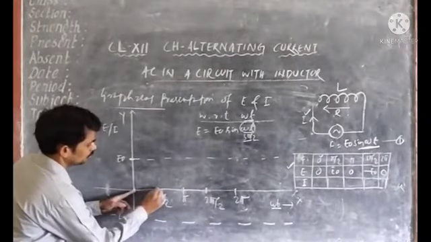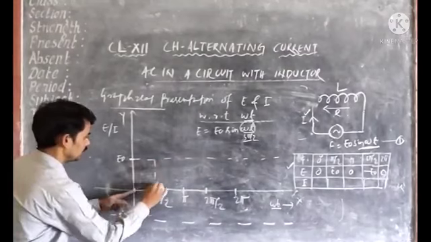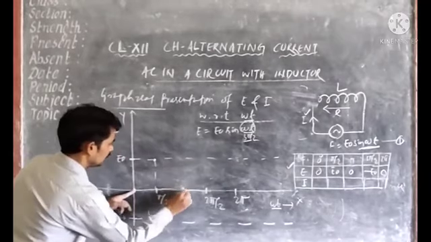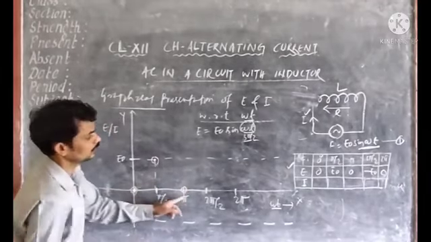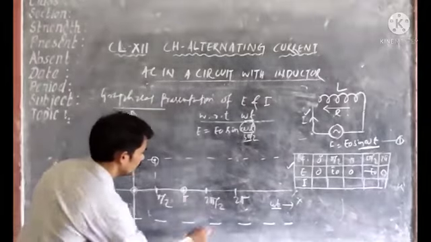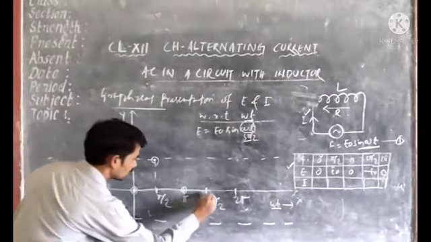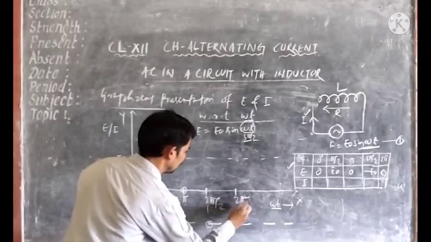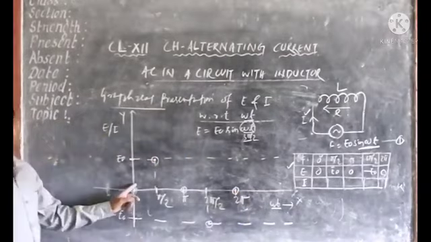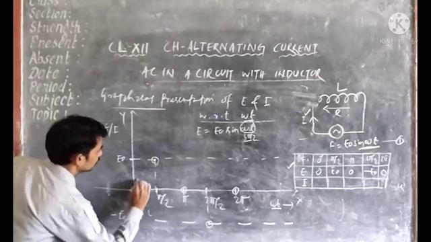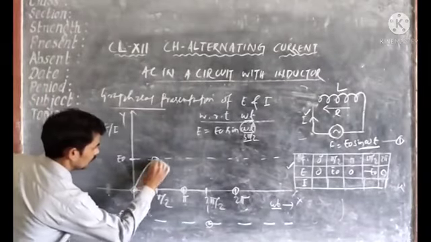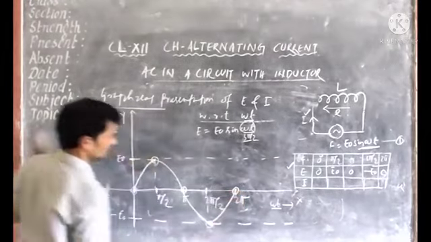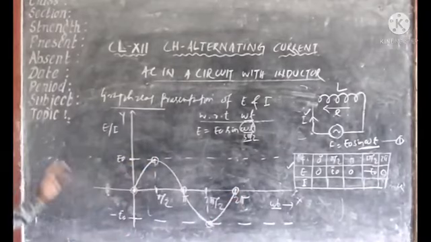Then for pi by 2, it is maximum. So this is going to be the maximum. Then again at pi, it is 0. So this will be the point. Then at 3 pi by 2, E is equal to minus E naught, and again at 2 pi the value is 0. So when you draw the graph, you will get a sine curve, the sinusoidal curve.